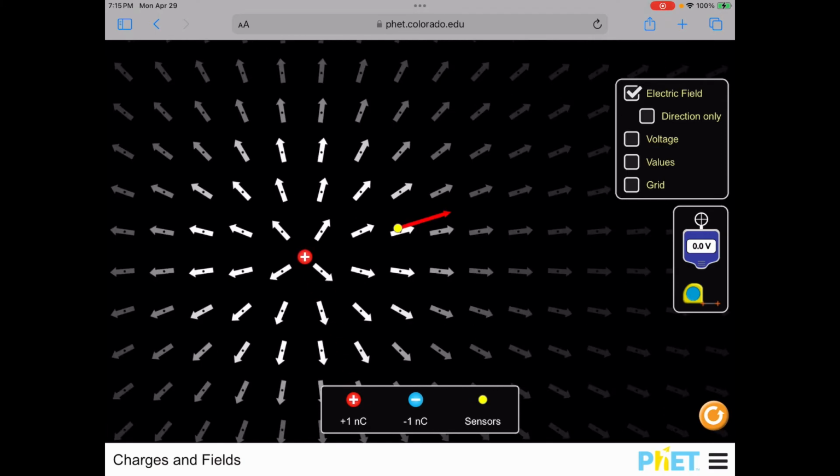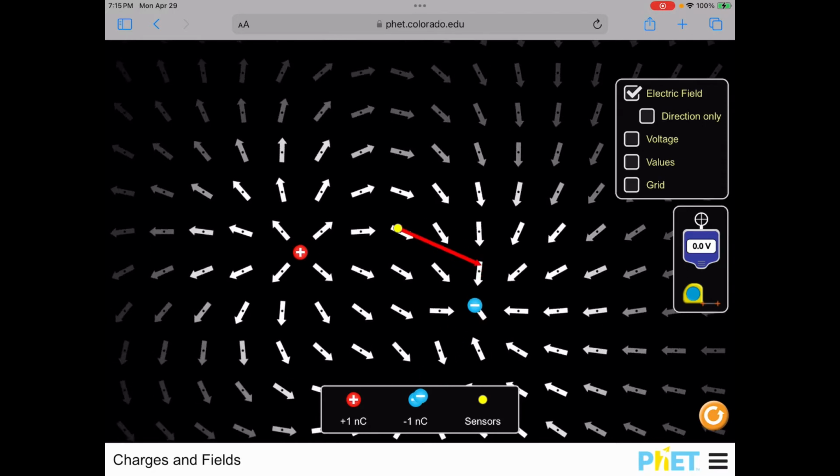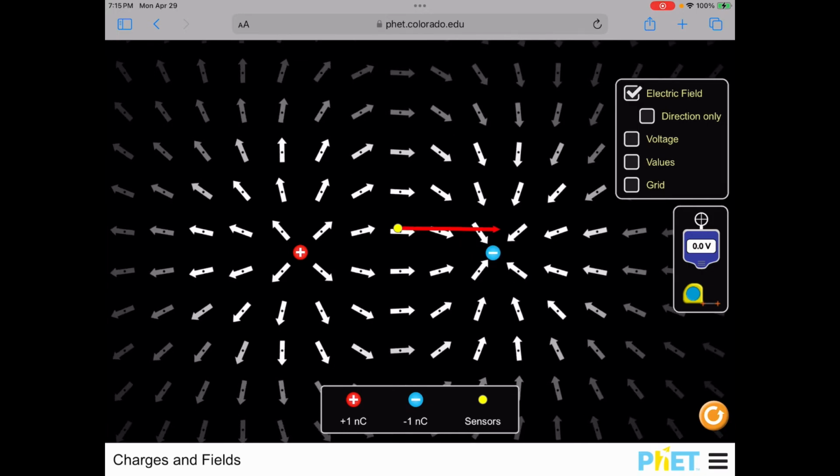So if you add those two vectors together, up and to the right and down and to the right, what do you get? You get just to the right, right? Because up and to the right plus down and to the right, the up and the down parts kind of cancel out. So overall, at this location right here, the electric field is kind of just to the right.